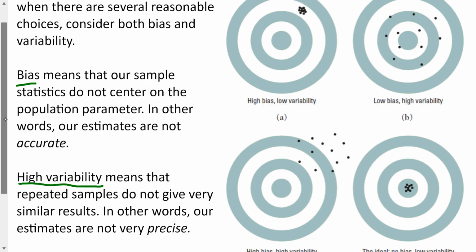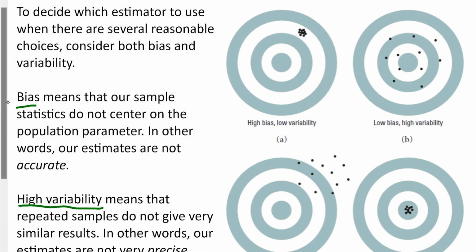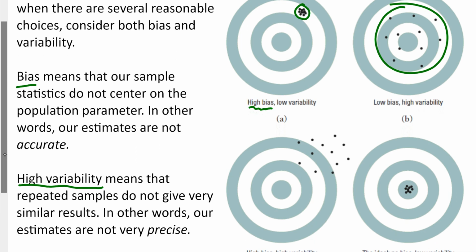So I just have a bullseye visual here. If you have high bias, meaning you're not quite accurate, but low variability, it is all centered around the same sort of area. It's just not where the population parameter is. If you have low bias but high variability, these are all centered around the true center, but they're just very spread out.